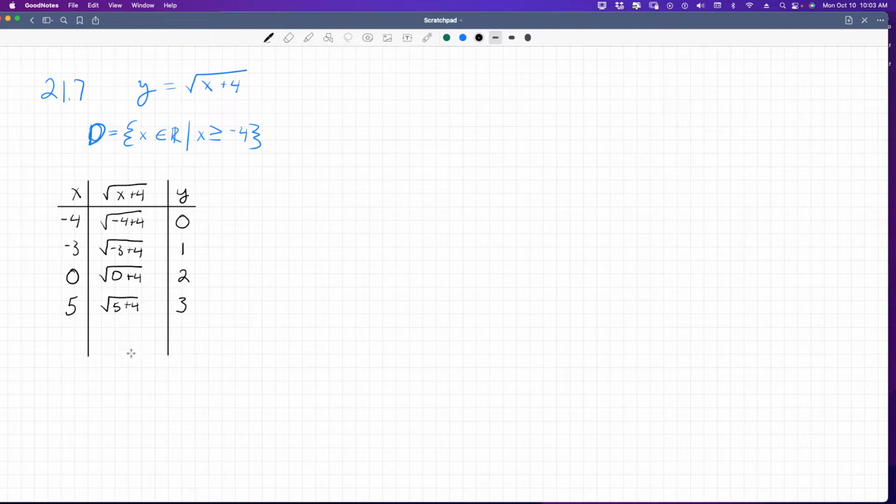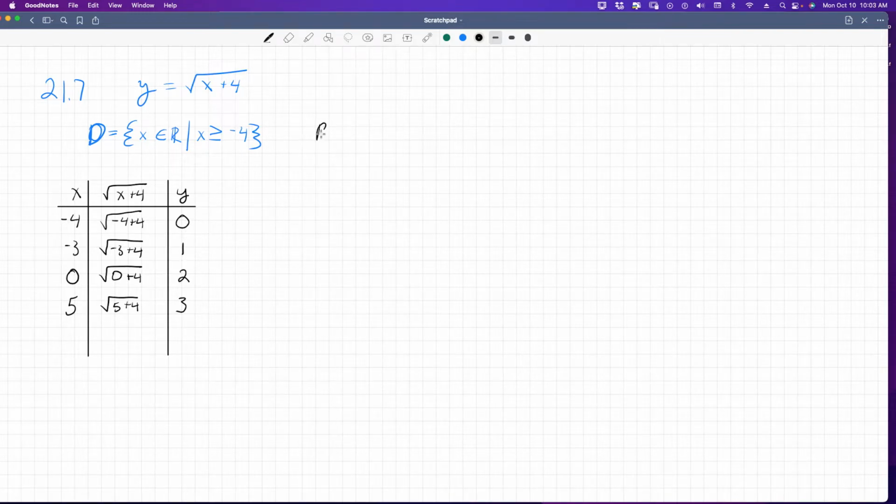So I contrived this a little bit just to make it easy to do in my head. It doesn't matter. I'm just picking points along the way to make sure that I'm graphing that line in the right direction. But this tells me my range. My range for y, because this was the lowest number that I could use, begins at 0, and it goes up from there.